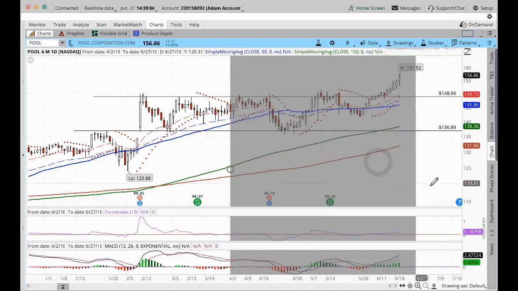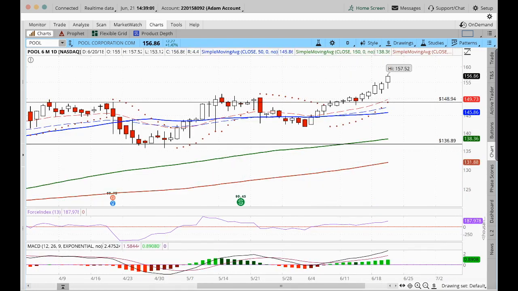Here we go. So can you see that at this point, when it broke out here, it's a breakout, right? Again, notice that the 20 is above the 40. Short-term uptrend, 50 above the 150, medium-term uptrend, above the 200. So all the moving averages indicated that the trend was up.